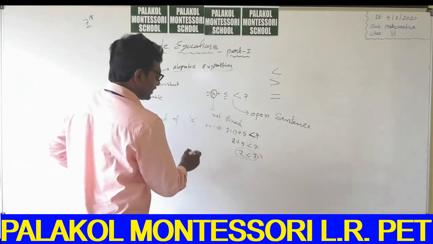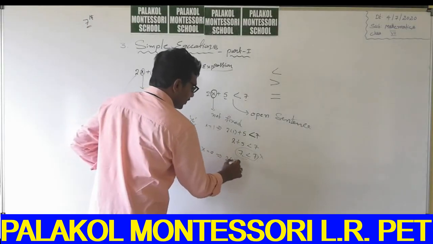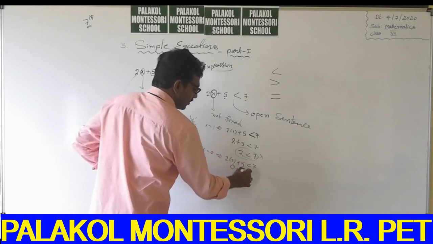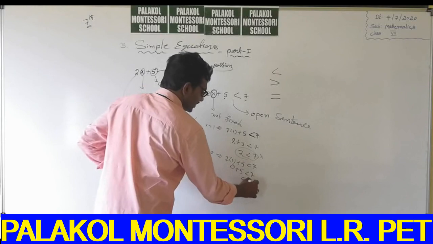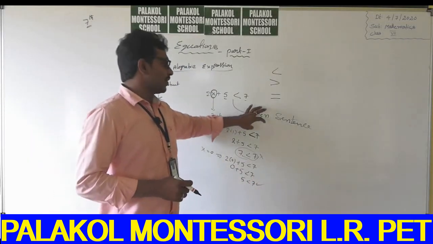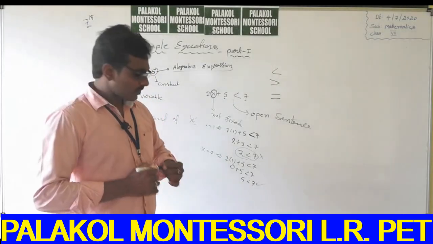Suppose I take x equal to 0. 2 times 0 plus 5 is less than 7. 2 zeros are 0, plus 5, is 5. 5 is less than 7, it's true. So this type of sentence is called an open sentence.